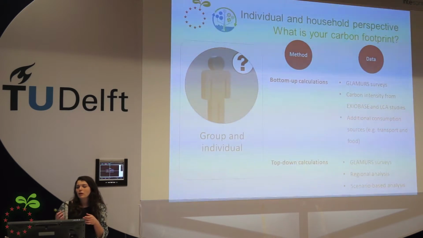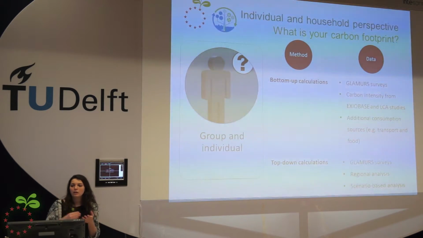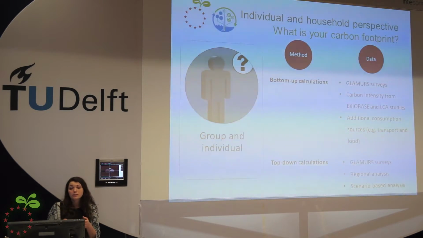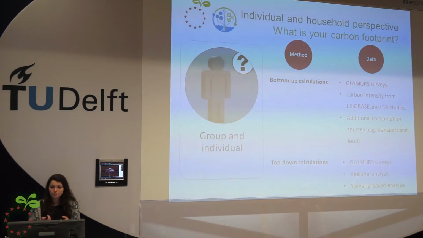So, for example, there were a lot of questions on what kind of food consumption people had, and we coupled that with environmental intensity information to produce the actual footprint. And we also adopted a lot of LCA results and additional input-output studies.